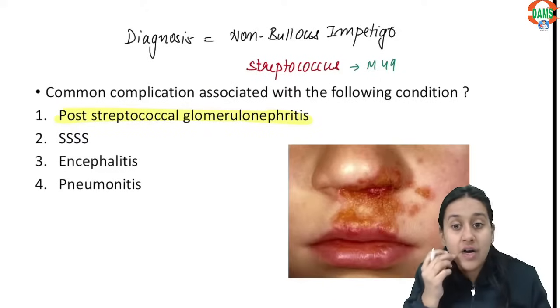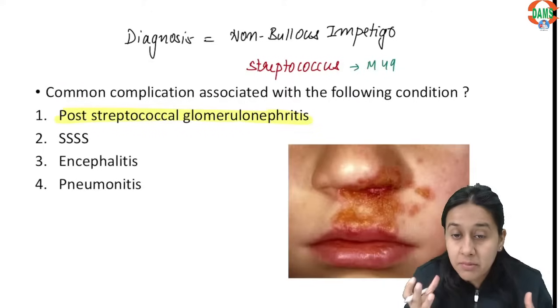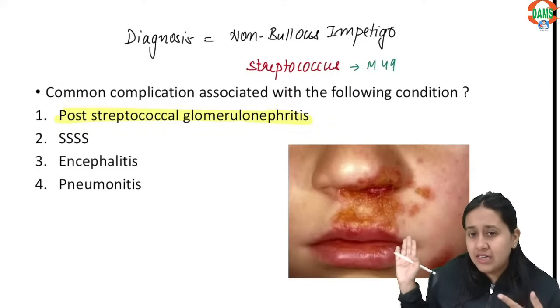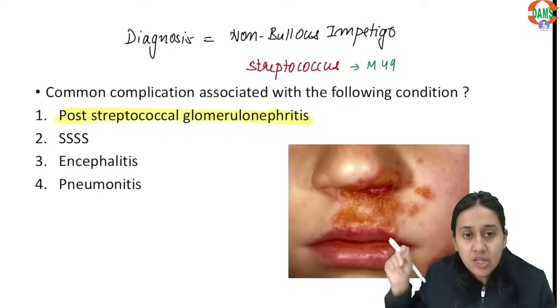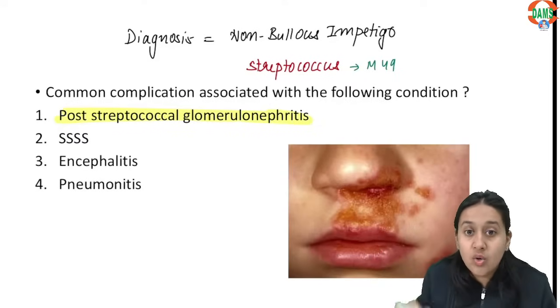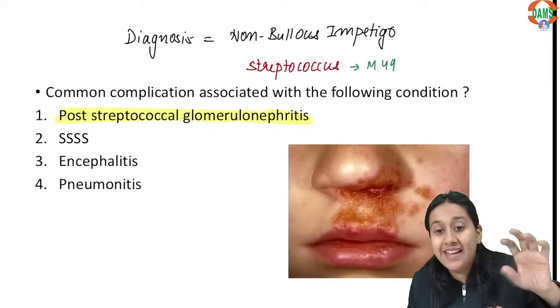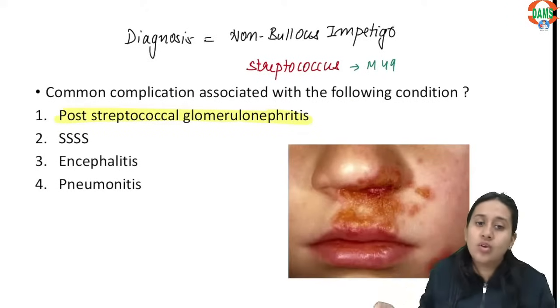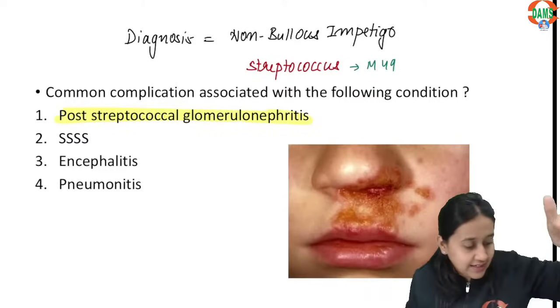In the patients of herpes labialis, you see vesicles. You see a lot of inflammation associated. Can you see any redness, inflammation here? No, there's no inflammation. You just see crust. So this is a very characteristic non-bullous impetigo due to streptococcus, and there is a strain M49 which is known to cause post-streptococcal glomerulonephritis. Is this clear?